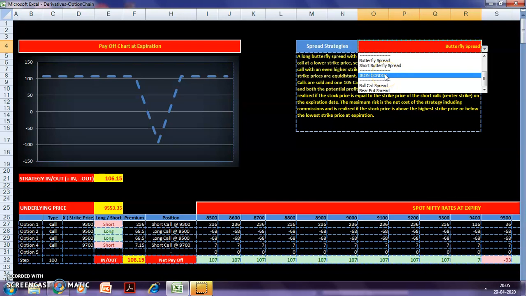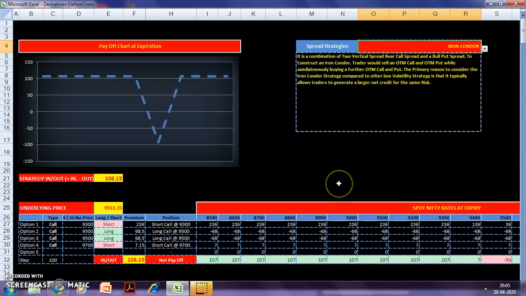And we can have a look at another, an iron condor spread. It is a combination of two vertical spreads, a bear call spread and a bull put spread. To create this, we sell one out of the money call and one out of the money put.